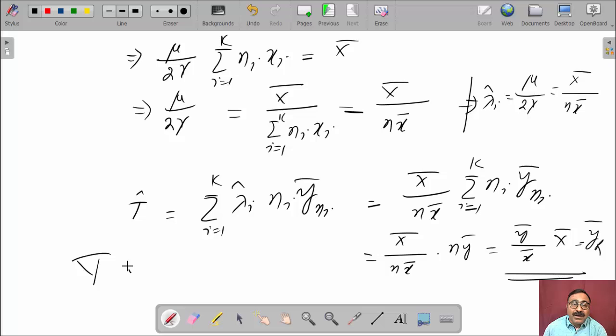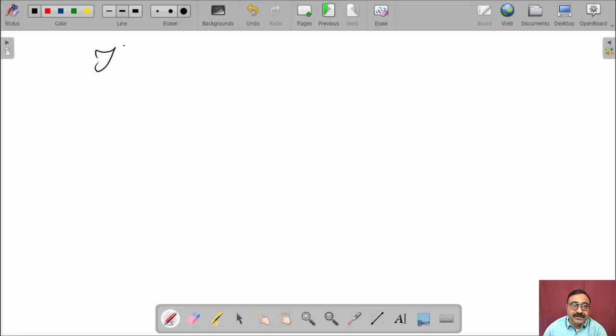So we can write a theorem like this: with SRS, simple random sampling from an infinite population, the ratio estimator of Y bar is a best linear unbiased estimator, that is BLUE, if the following two conditions are satisfied.